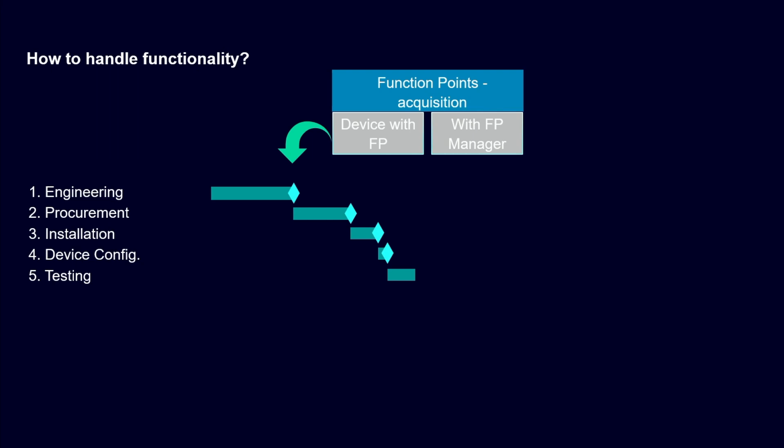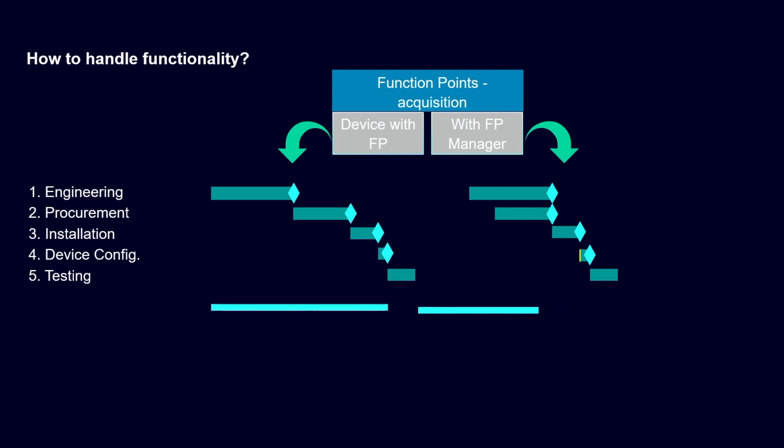In the first option, the devices can be acquired only when the engineering is finished. With the Function Points Manager, the procurement and engineering can run in parallel. And the customization of the functionality will be done right before starting the testing phase.